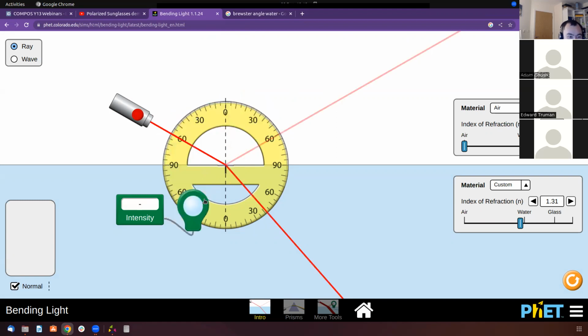And so it's 100%, 11%. 11% is reflected. So basically this laser must be horizontally polarized, not vertically polarized. 89.